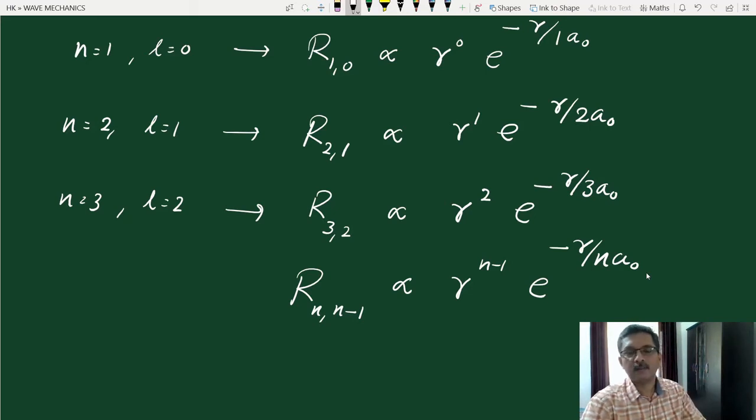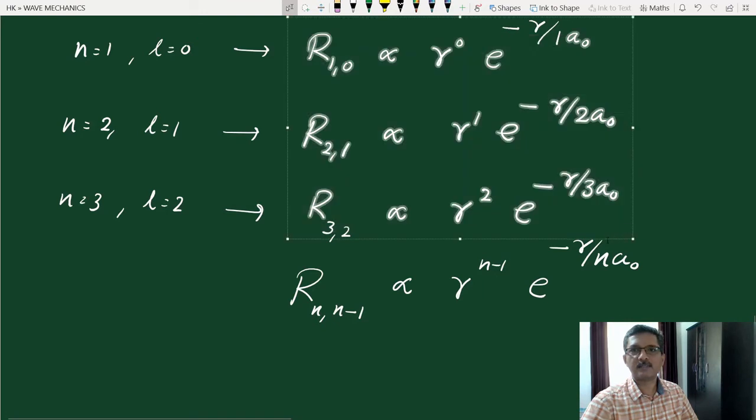This is the form. If you generalize from these three cases for the nth state, the power of the radial variable will be n minus 1, and n appears in the denominator of the exponential factor.